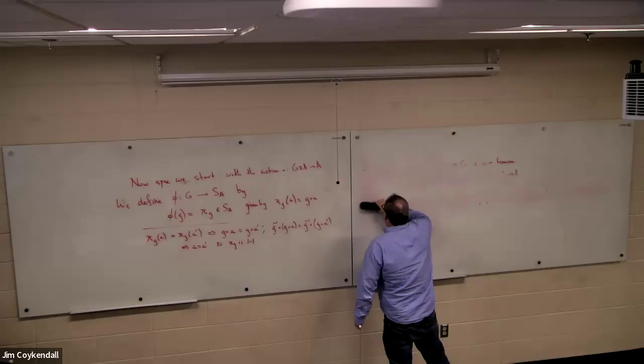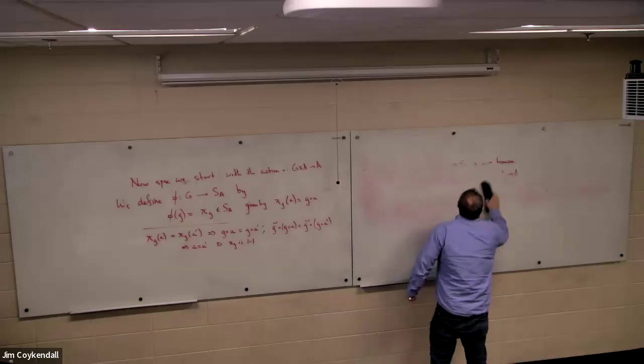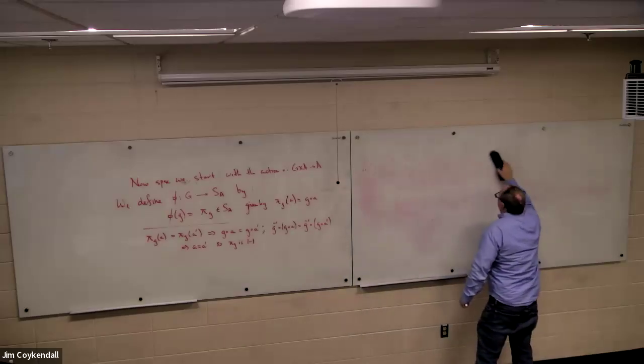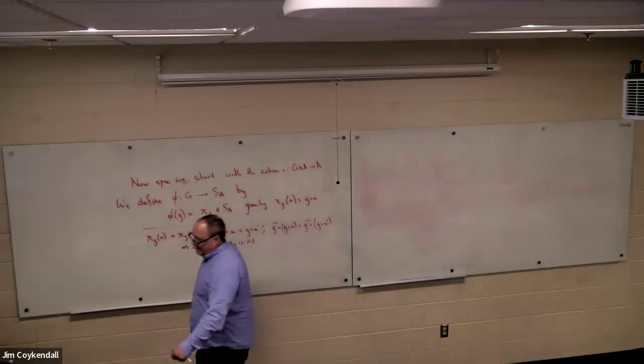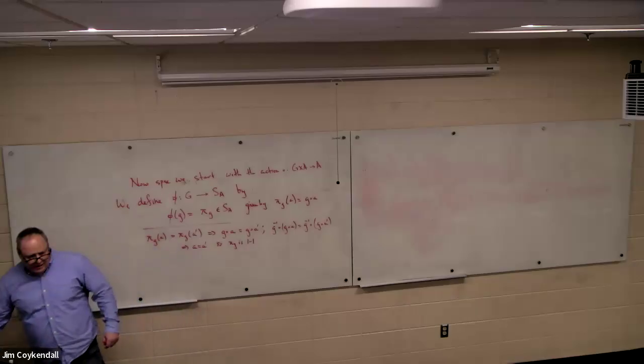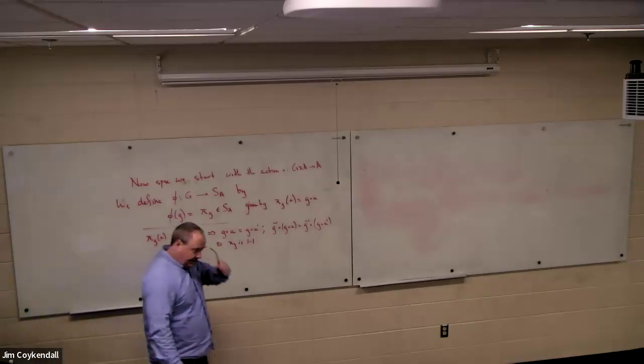Okay, next step. What I'm trying to show here is that pi g is a permutation. I've already shown that it's a 1-to-1 function from A to A. How about onto?